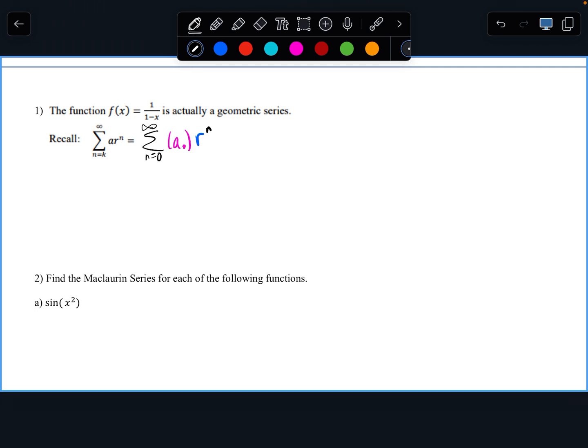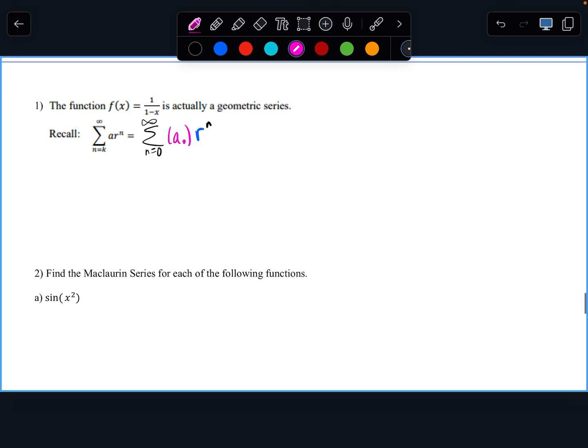If I plugged in 0, my first term would be 1, okay? And then my r would end up being x. So when I set up the sum formula, I would take the first term, a sub 0, over 1 minus whatever my r is. That's the formula for a series.